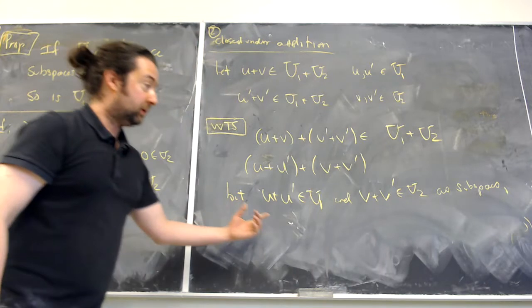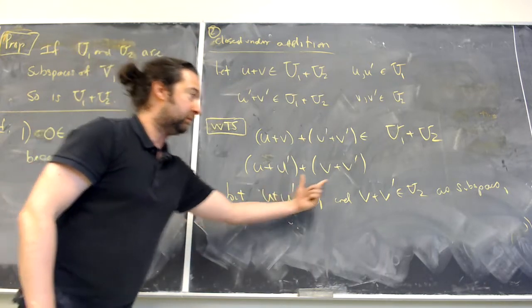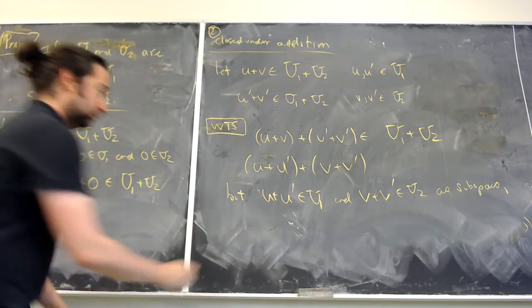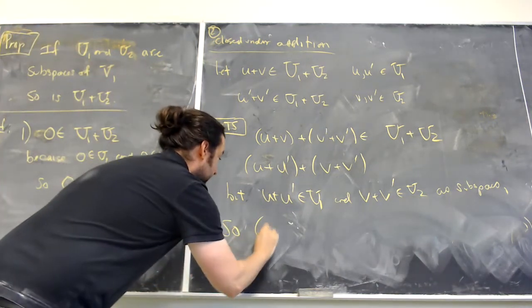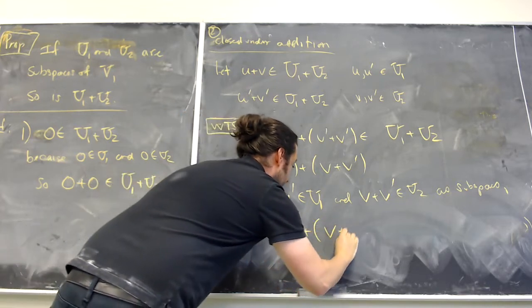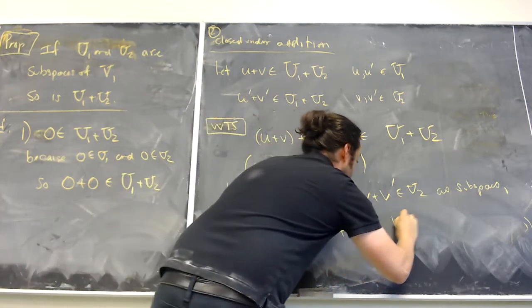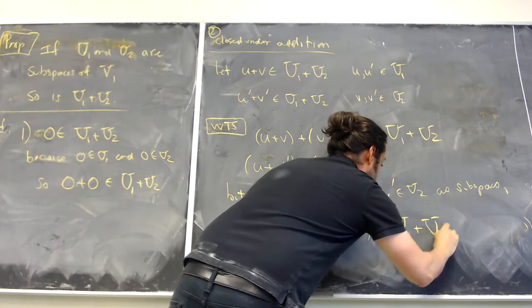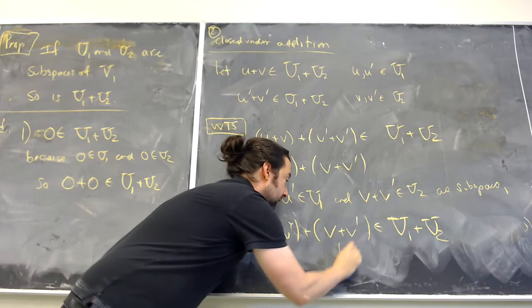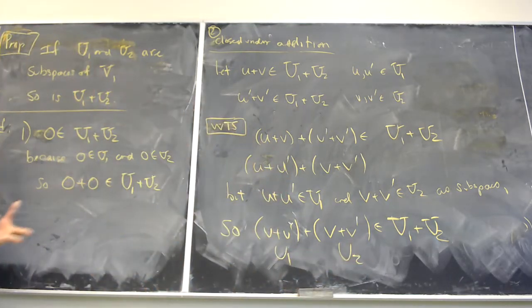If you've got an element that's combined from a piece from U1 plus a piece from U2, that's precisely what you mean by being in the sum. So u plus u prime plus v plus v prime is in U1 plus U2. It has the right form: something in U1, something in U2. It's got the right structure. It's in the space. Therefore, it's closed under addition.